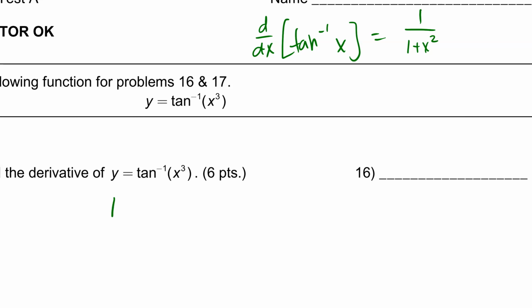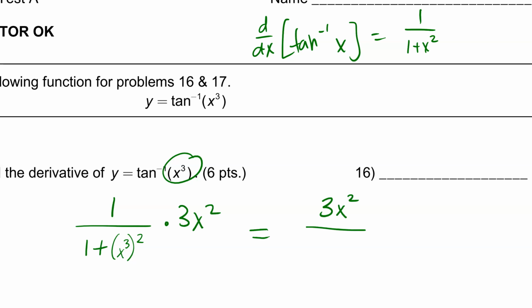All right, so 1 over 1 plus, here on test B, the part B. 1 plus x cubed squared, and then I must multiply by the derivative of x cubed. So it's 3x squared. So this is going to be equal to 3x squared over 1 plus, ooh, tricky trick, x cubed to the second power.